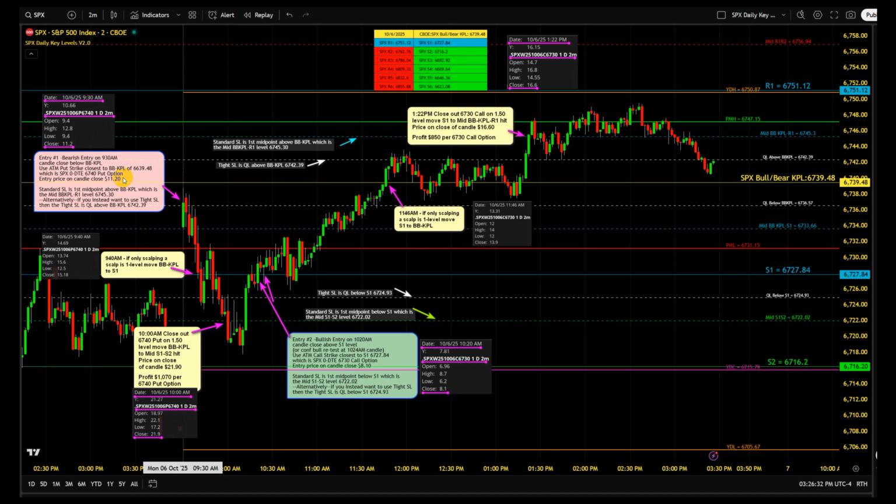If you're buying 5, it would be 5 times $1,120. And if you're buying 10, then it would be 10 times that, so it would be $11,200. Okay, that's your primary option for a bearish play from the bull bear key price level.